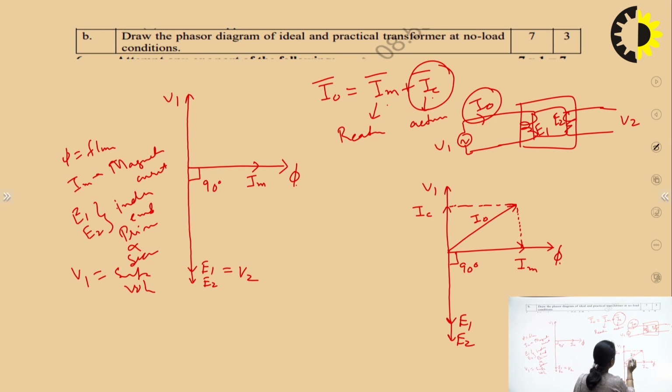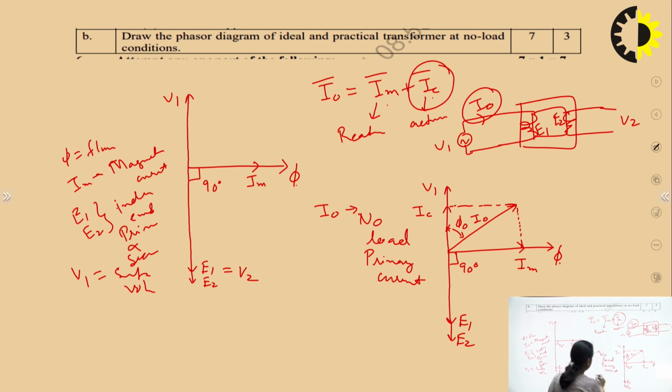And the angle between I0 and V1 will be phi naught. Okay. So what are the different parameters here? As for phi, all these parameters are the same. The extra parameters are I naught, which is called the no load primary current, right?